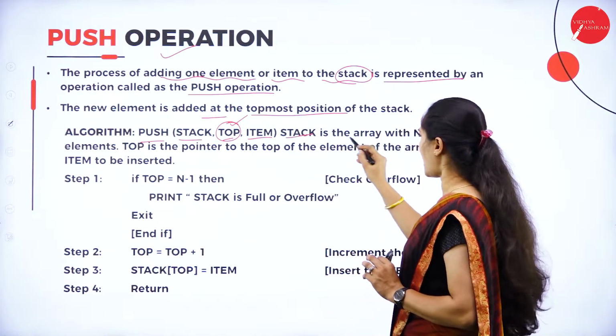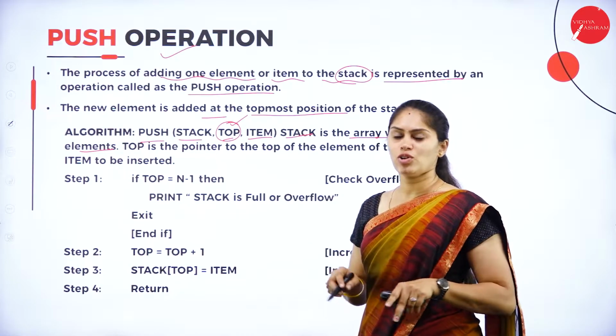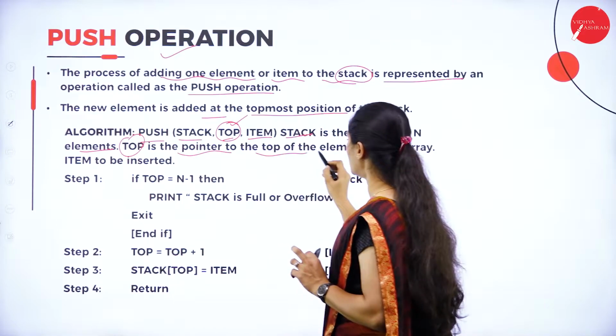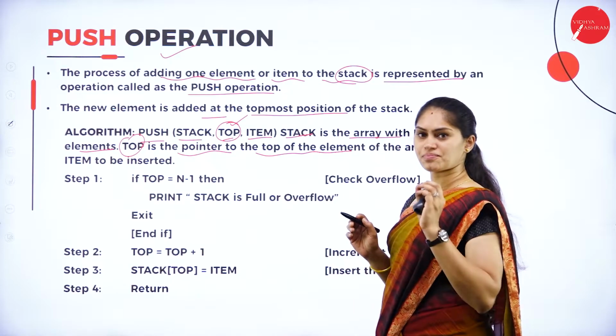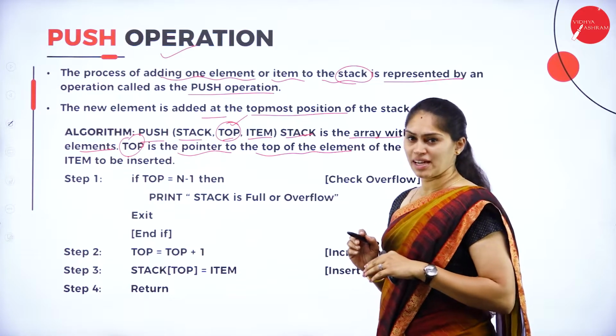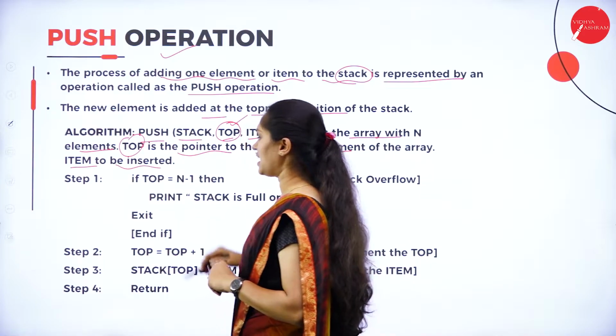You can see here, stack is an array with n elements. If n is 5, then it will allow us to insert 5 elements. And top is the pointer to the top element of the array. Top is the pointer here, and item is what needs to be inserted.